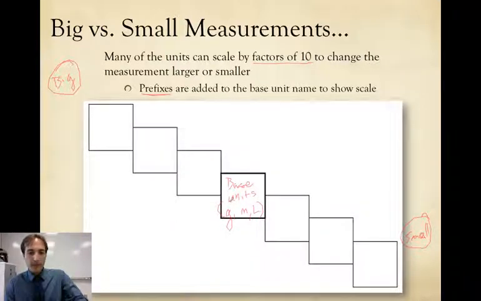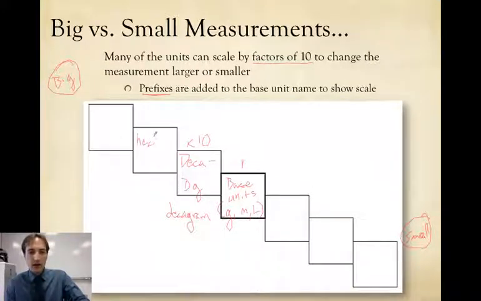If I've got a gram, but I've got something slightly larger, and I really need a slightly larger measurement, I can scale it up by a factor of 10, and we call that a deca. So a decagram is 10 times larger than a base unit. So base unit, think of that as 1. Deca is 10 times bigger. Then, let's say I need to be slightly larger than that.